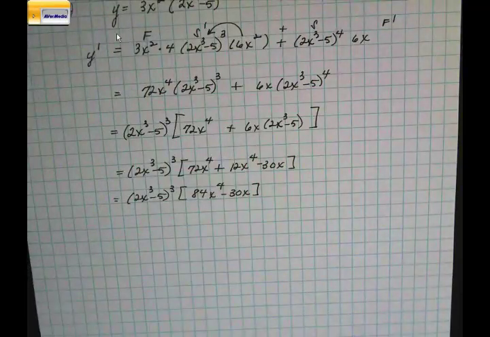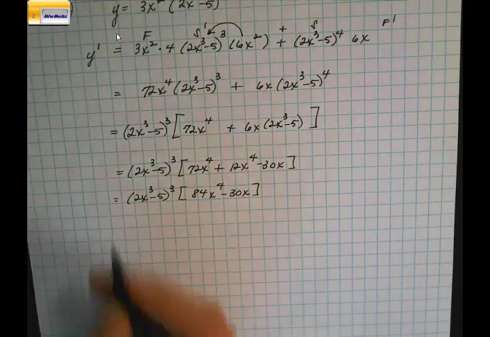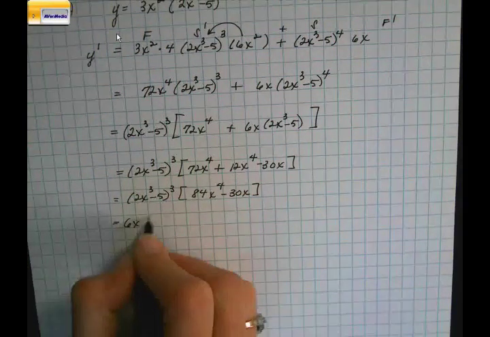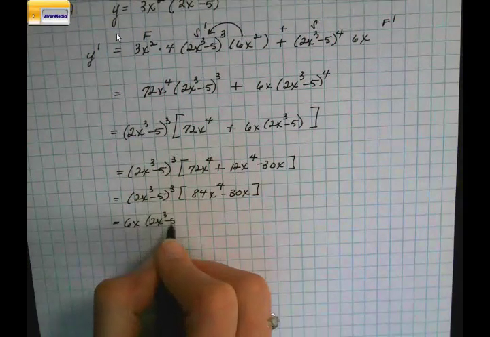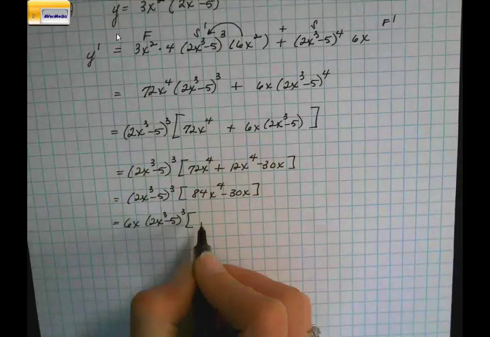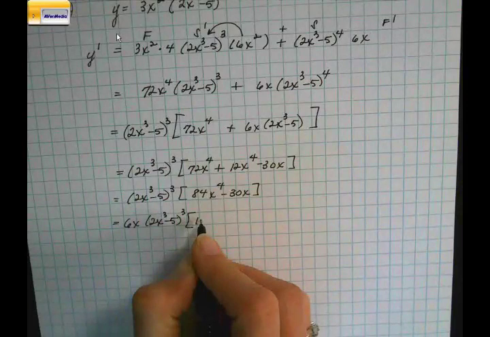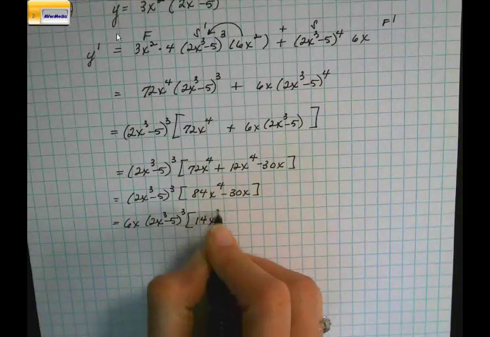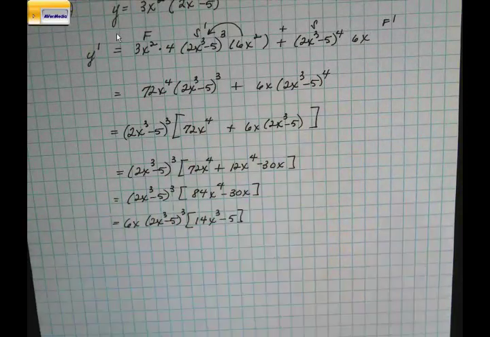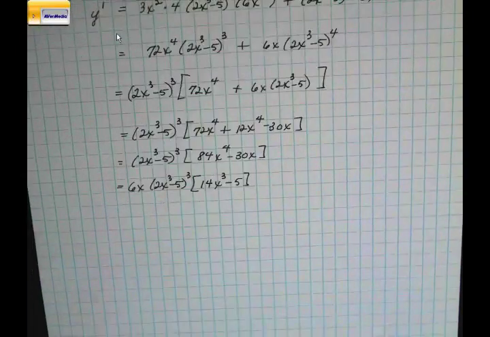Is it 6x? Something more than 6? Okay, 6x, so we'll take it out. So this is 6x, leaving behind, what is it? 6 goes in there how many times? 14? There you go.